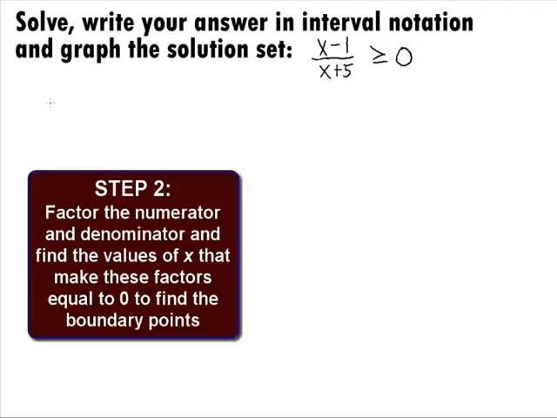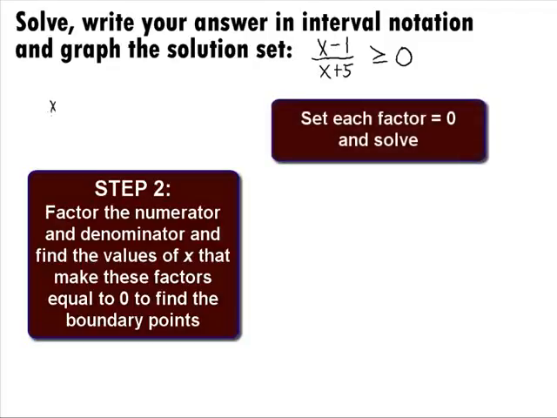Neither the numerator nor denominator can factor, so let's go ahead and set the factors we have in each of them equal to 0. Setting the numerator equal to 0, we get x minus 1 equals 0, and setting the denominator equal to 0, we get x plus 5 equals 0.